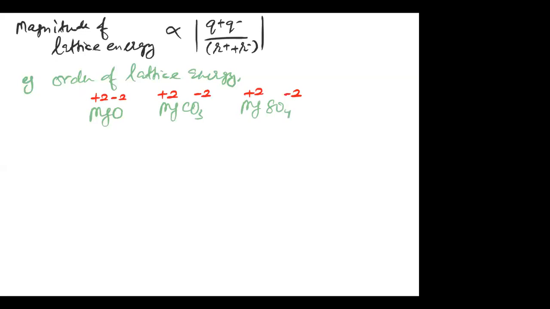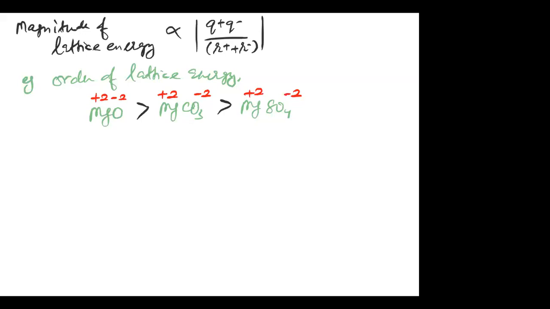So MgO will have more lattice energy than magnesium carbonate, and magnesium carbonate will have more than magnesium sulfate. They have the same charge, but the size of the oxide ion is much less than that of the carbonate ion, and the size of the carbonate ion is less than that of the sulfate ion. So the magnitude of lattice energy of MgO will be more than magnesium carbonate, and magnesium carbonate more than magnesium sulfate.